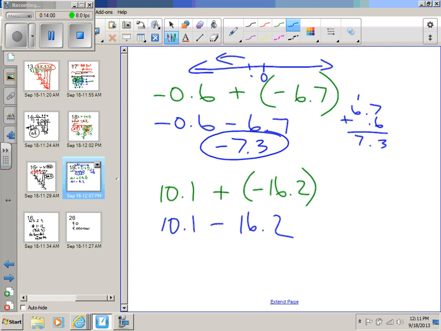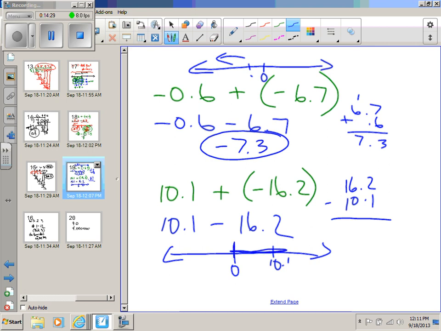Now bear with me. Catherine, as you look at this, if you're going to start at 10.1 and you're going to take away 16, where are you going to end up? What side? Are you going to be positive or negative? Good. I know that. You know that. It's going to be negative. So I'm going to take this 16.2 and find the difference between that and the 10.1, because 10.1 is going to take me to 0.